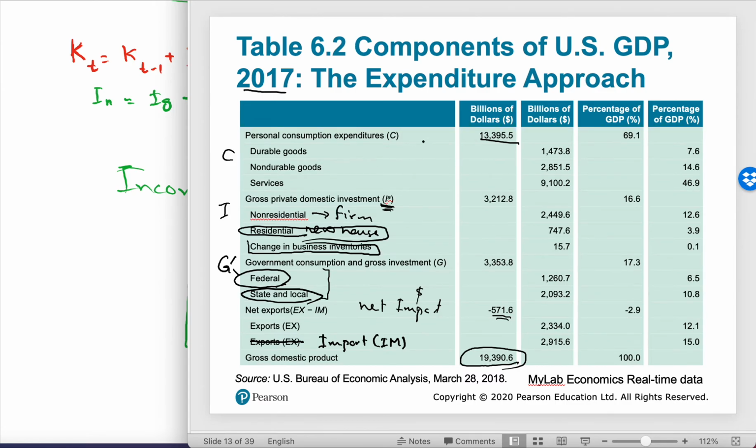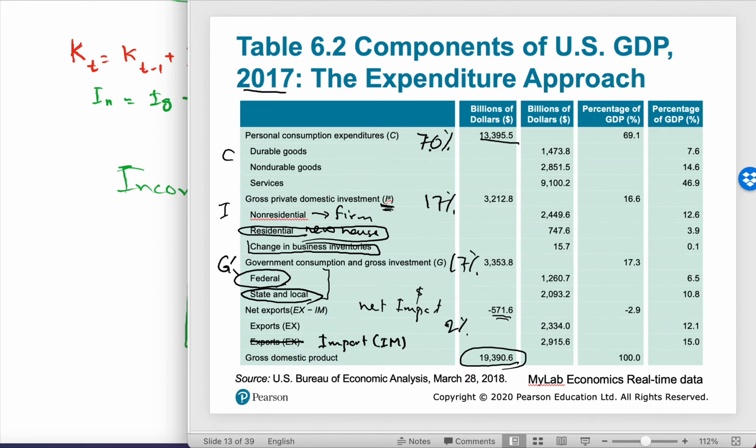So C consists of approximately 70%, whereas this is 17%, and this is another 17% here, and the remainder is about 2%, sorry, 3%. Because I gave one percent more here, maybe I should put this one as 16.